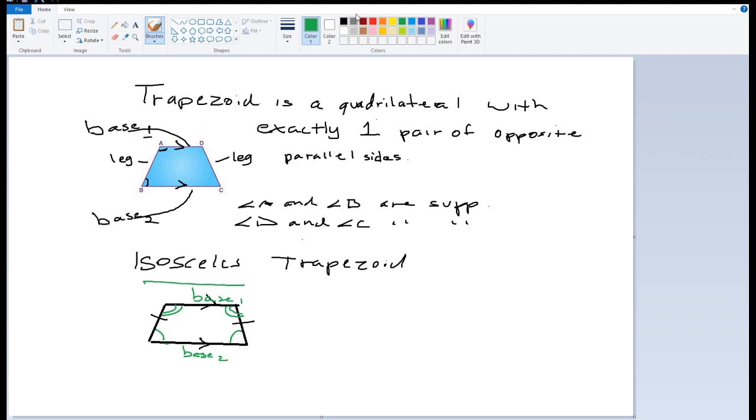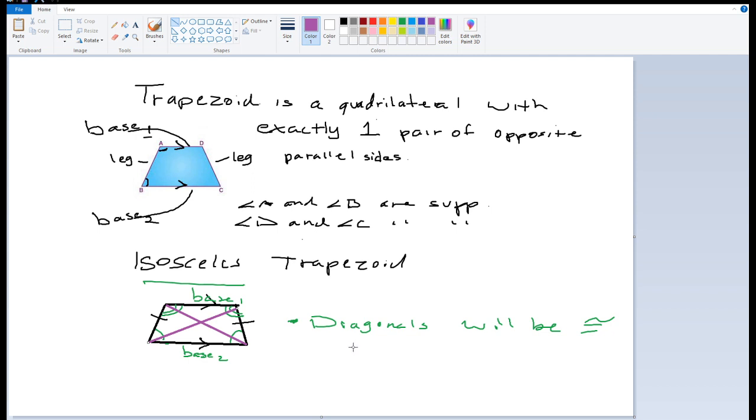Also, in an isosceles trapezoid, the diagonals will be congruent. Diagonals will be congruent. So if I have this diagonal, that will be congruent to this diagonal.